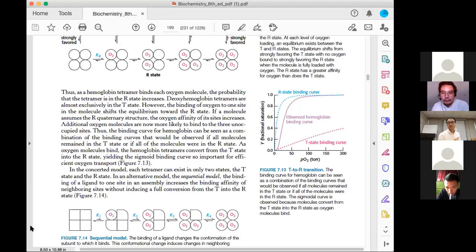Okay, let me just give you one example: the cooperative property is one of the main features of life. If you look at a machine, you do not find a cooperative property.